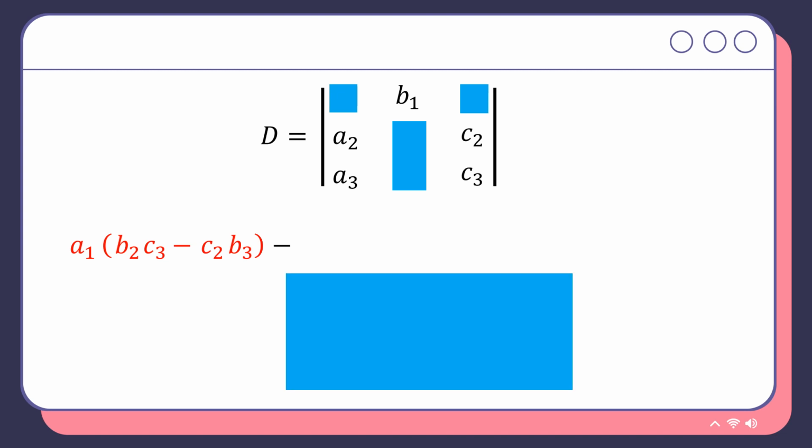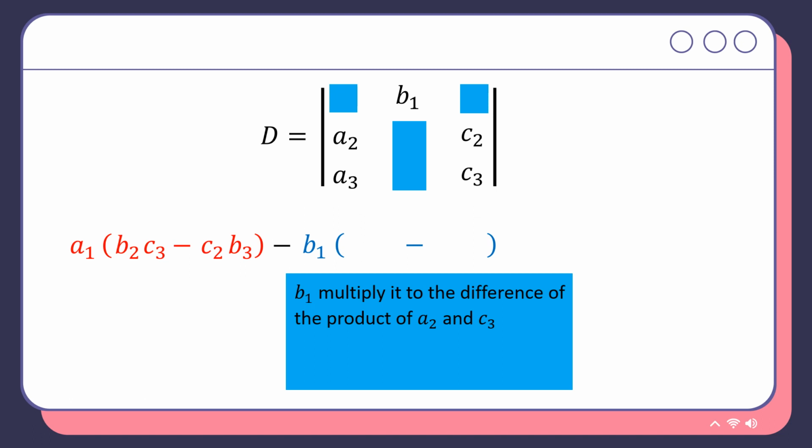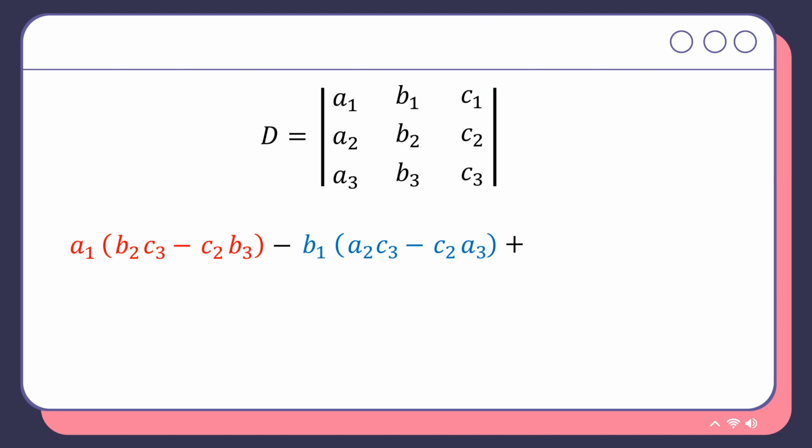B sub 1, multiply it to the difference of the product of A sub 2 and C sub 3, and the product of C sub 2 and A sub 3. Added to, so we now cover A sub 1 and B sub 1, C sub 2 and C sub 3.